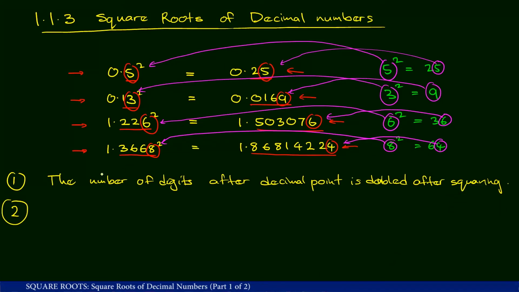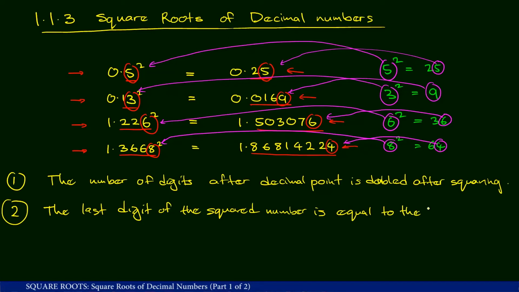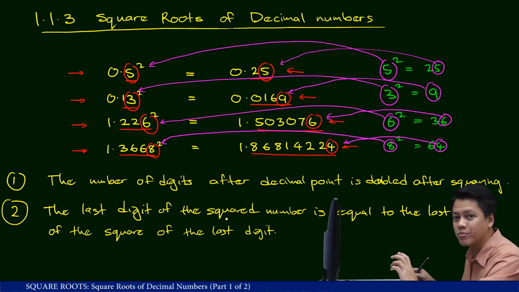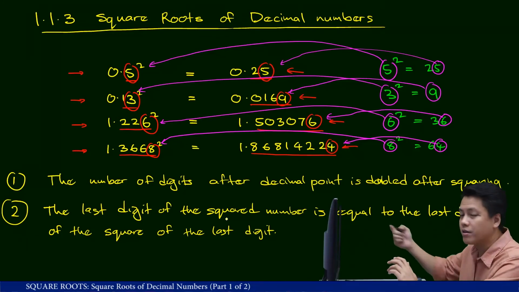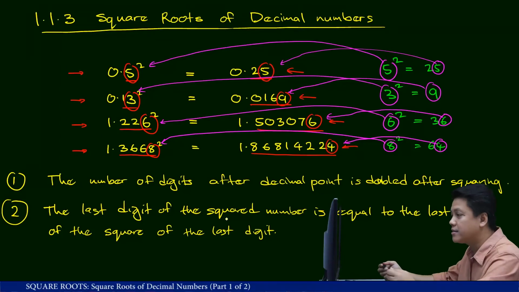So our second observation is going to be that the last digit of the squared number is equal to the last digit of the square of the last digit. Okay, I hope you get that statement. Well, we have already illustrated what I mean by that.